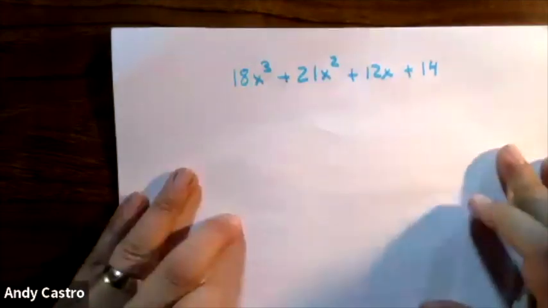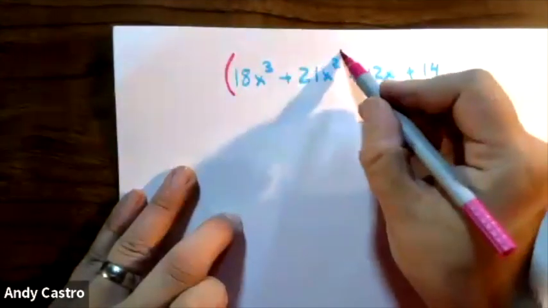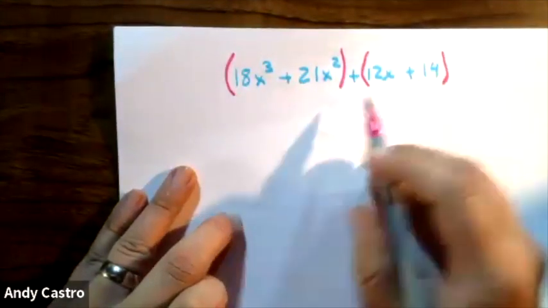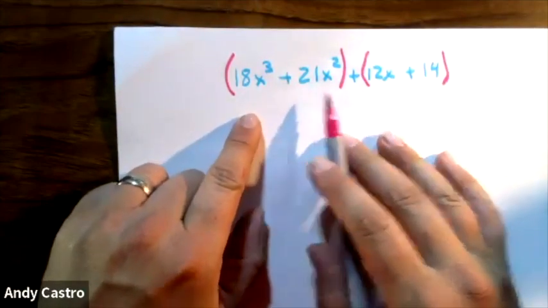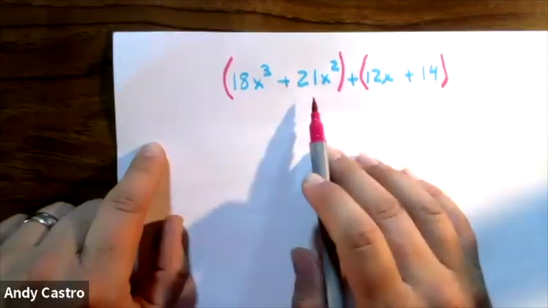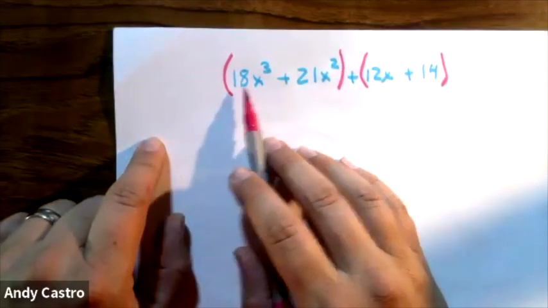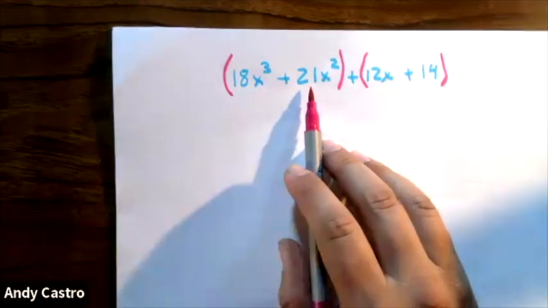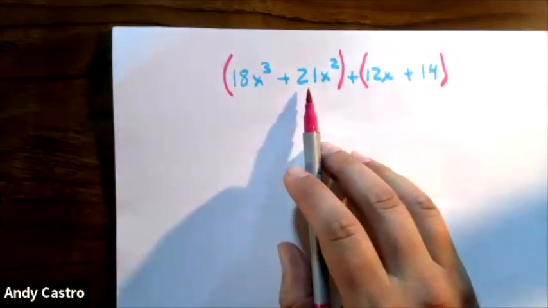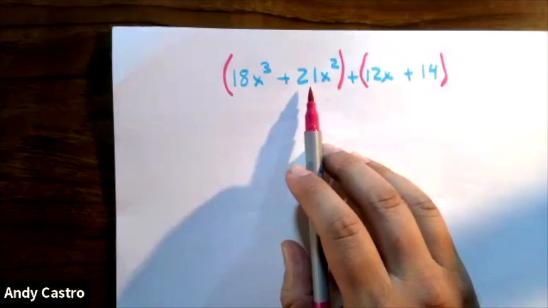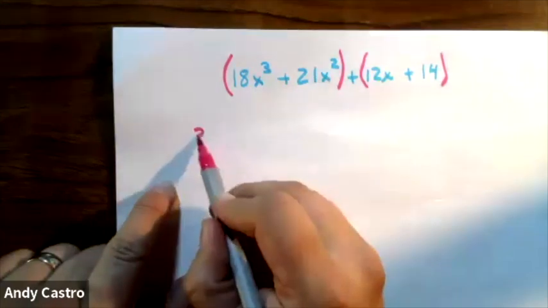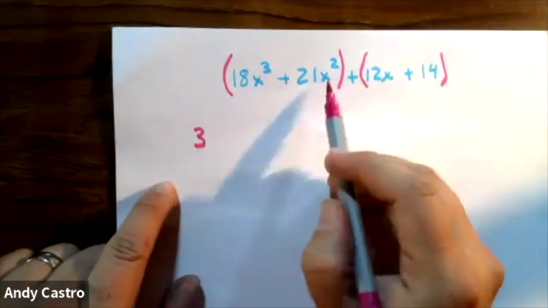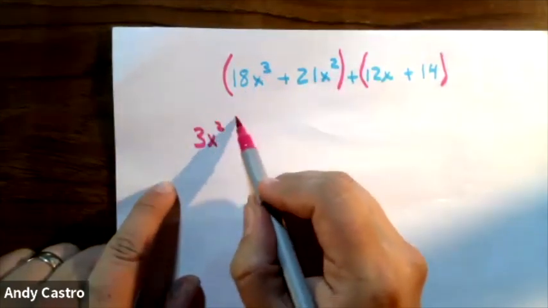All right, so grouping, I'm going to group the first two together. Then I'm going to start pulling common stuff out. So 18 and 21, I know I can pull not a 7, a 9, no? 3? Oh, yeah, 3. So I can pull a 3 out, and then x cubed and x squared, I could pull an x squared out.